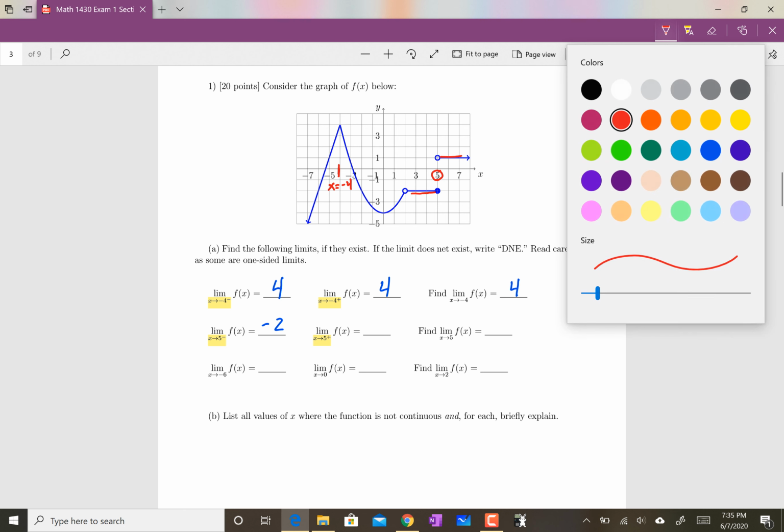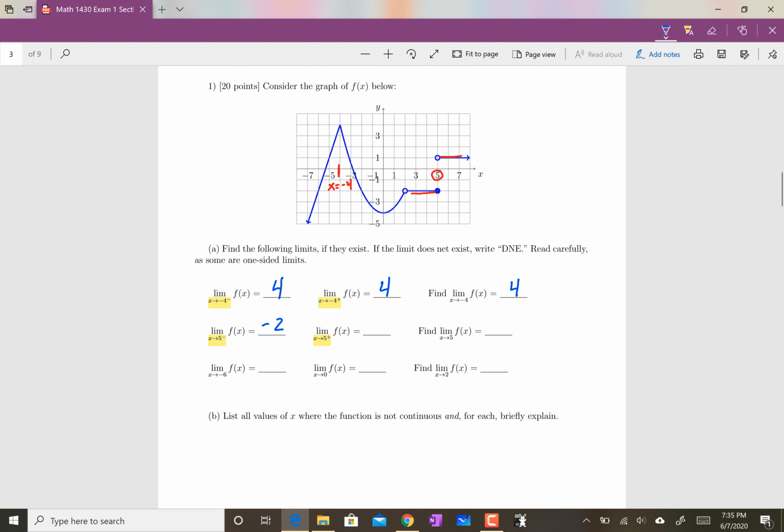The limit only cares about the value that you approach, and we're approaching a y value of +1. Now, since our left and right side limits are not the same number, -2 and 1, that tells us that the general limit as x approaches 5 does not exist.